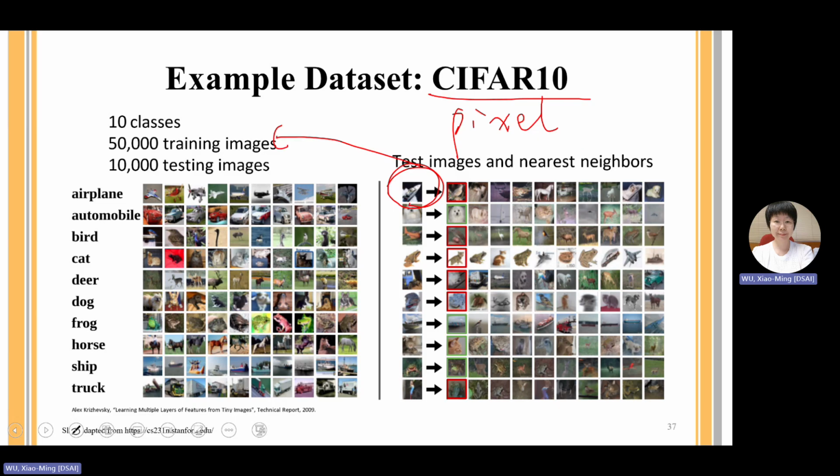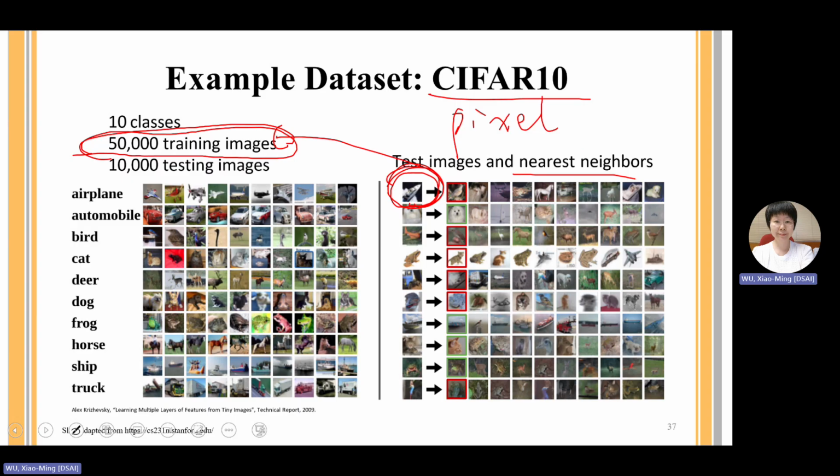Do we need to examine all the training images to identify the nearest neighbors? Do we need to calculate the distance between the test image and each training image?